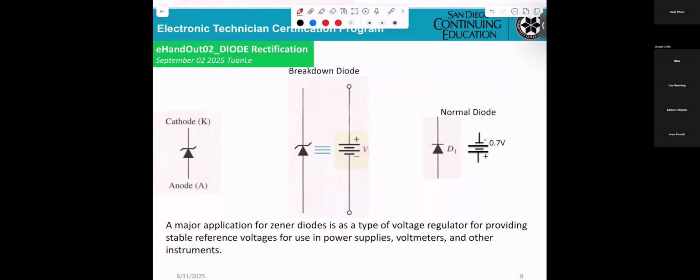Now, next one, Zener diode. For the Zener diode, this is the symbol. Minor difference from the normal diode. One side anode, one side cathode, same thing.